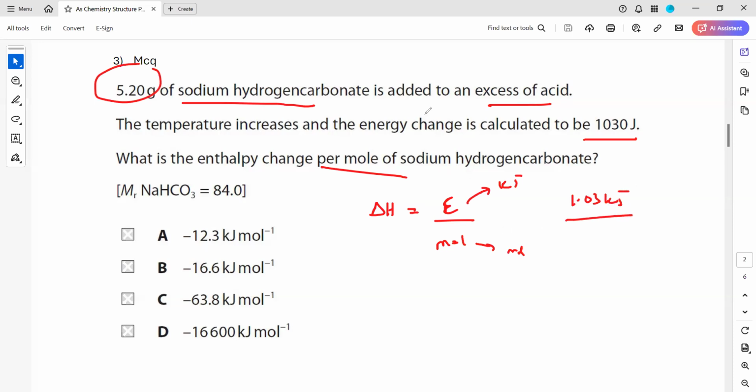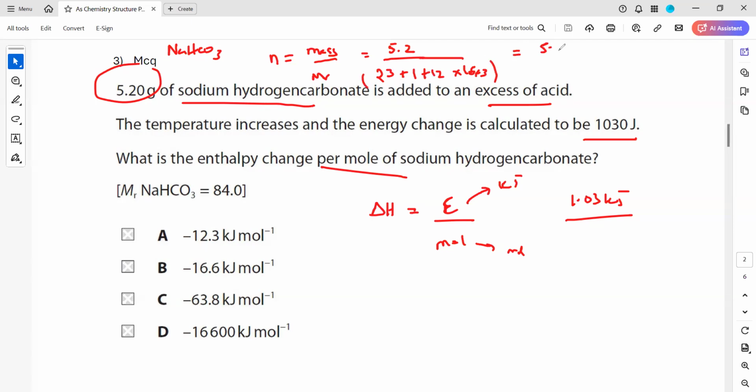How to work out the moles? Moles of sodium hydrogen carbonate: moles equals mass in gram divided by the molar mass. The formula for sodium hydrogen carbonate is NaHCO3. Mass in gram is 5.2. For the molar mass: sodium is 23, hydrogen is 1, carbon is 12 and oxygen is 16 multiplied by 3.